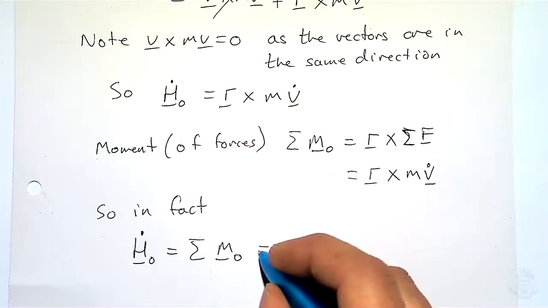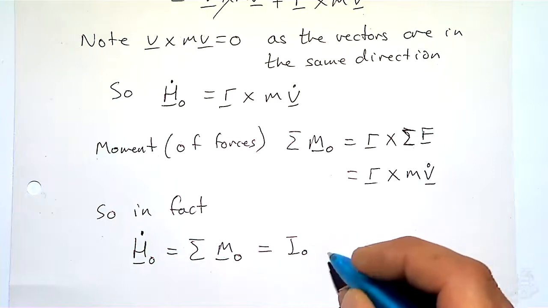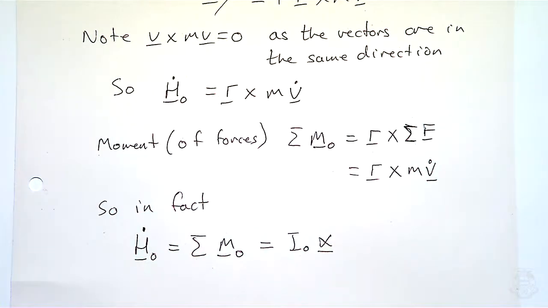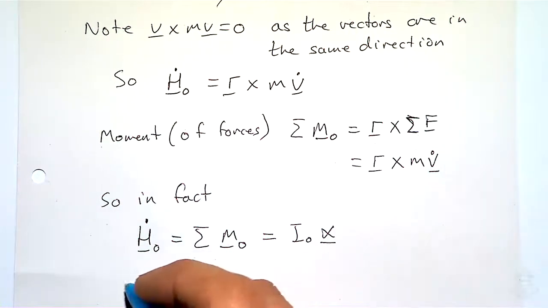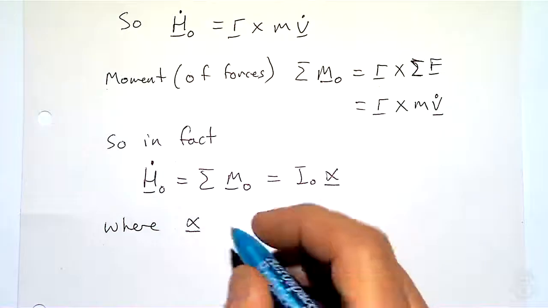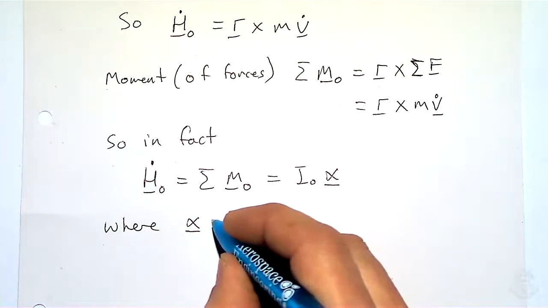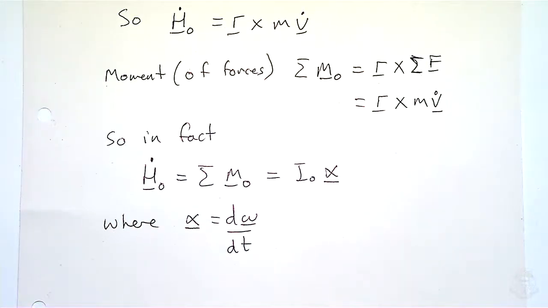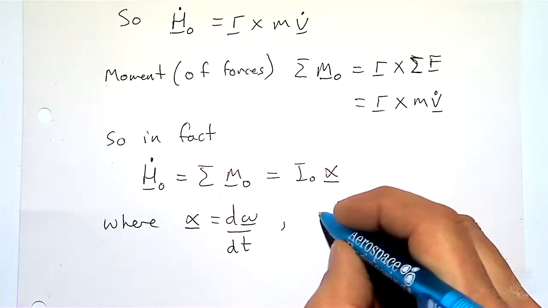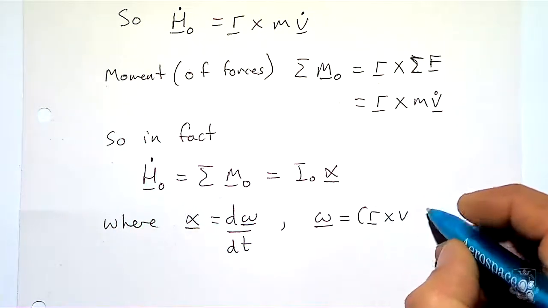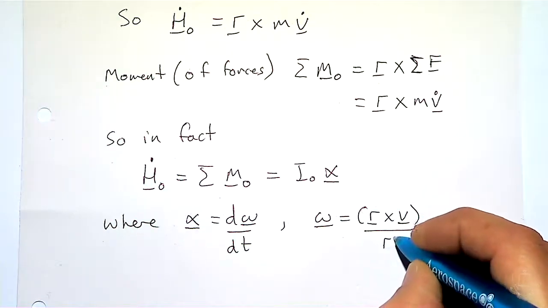And we can also express this in a second way as well, as the moment of inertia multiplied by the angular acceleration, okay, where the angular acceleration is equal to the time derivative of the angular velocity, and in this case the angular velocity is equal to r crossed with v over r squared.